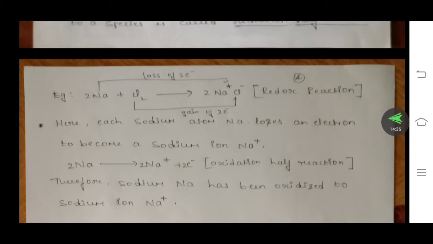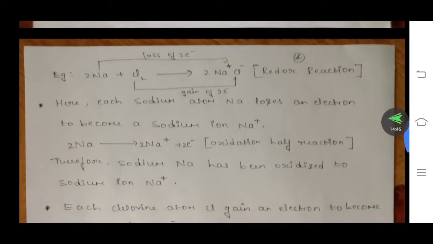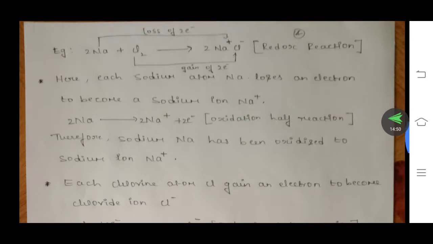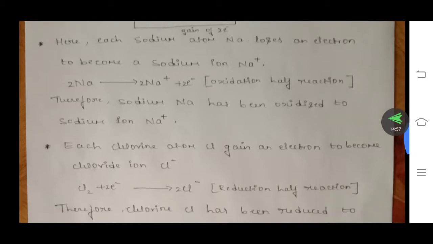See that one: 2Na gives 2Na plus plus 2 electrons. This reaction we call the oxidation reaction. Therefore, sodium Na has been oxidized to sodium ion Na plus.